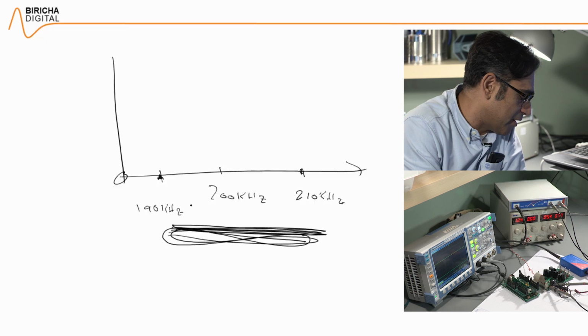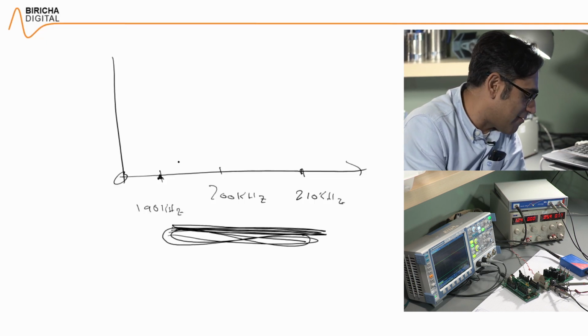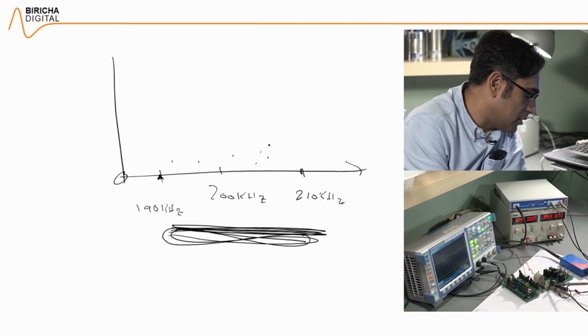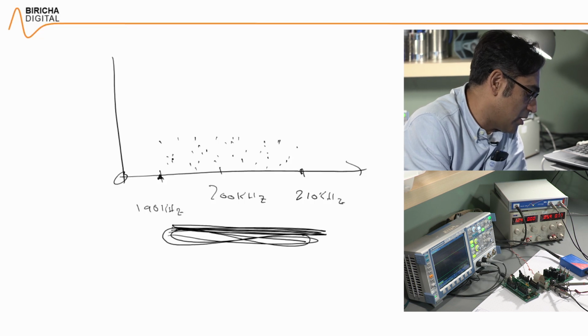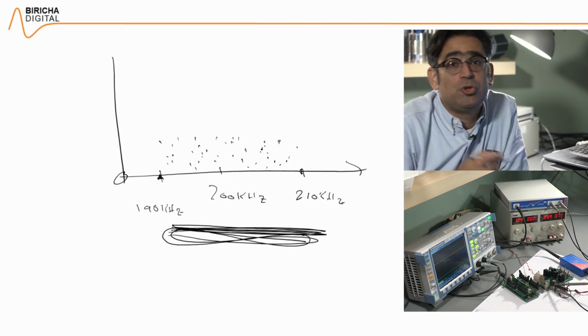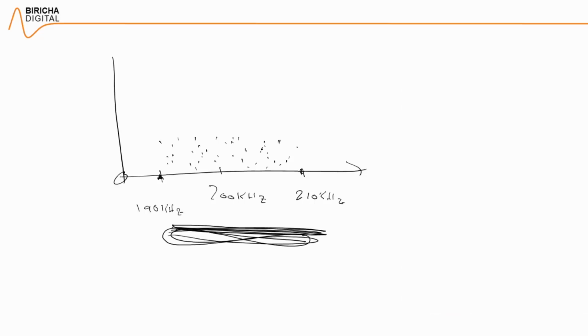What you really want to be doing is that instead of ramping from 190 to 210 with a linear function, you want to have random switching frequencies so that the actual change in the switching frequency is a random function, or at least a pseudo random function, and therefore you don't end up with a ripple on the output. So you can do this in digital, although it is possible to do it in analog. In digital, you can do it much better.